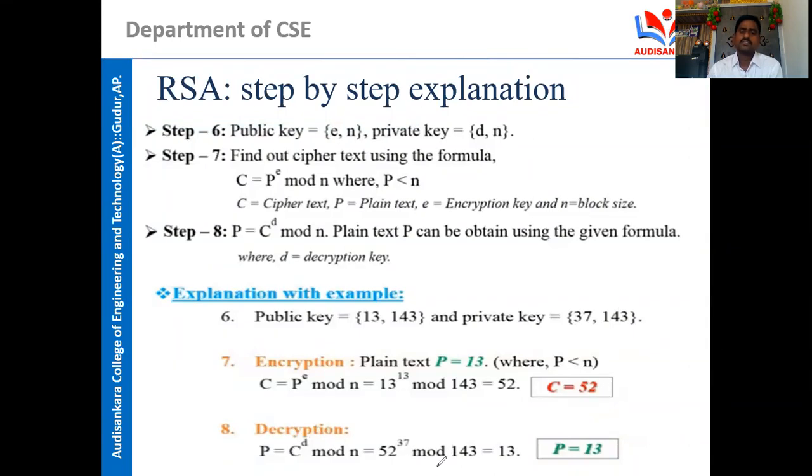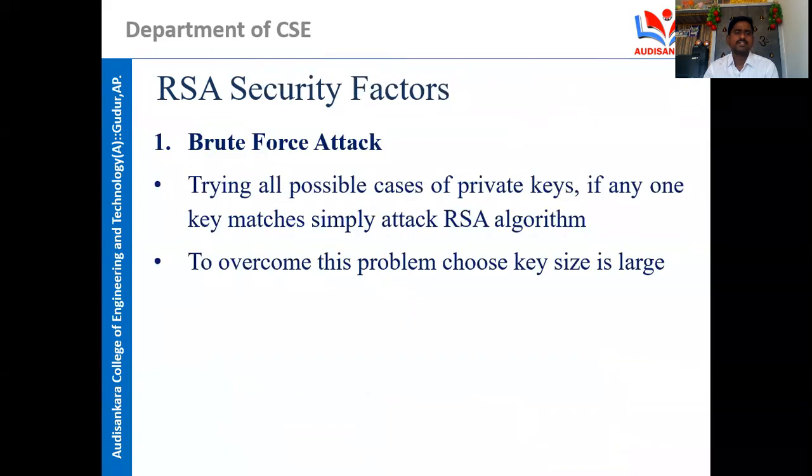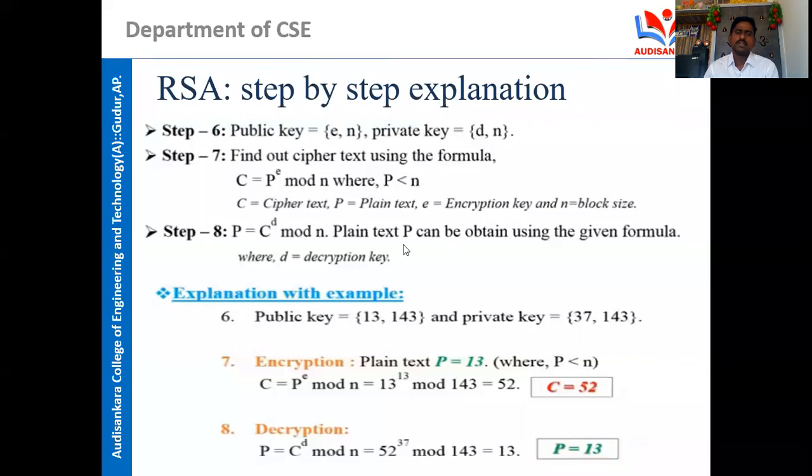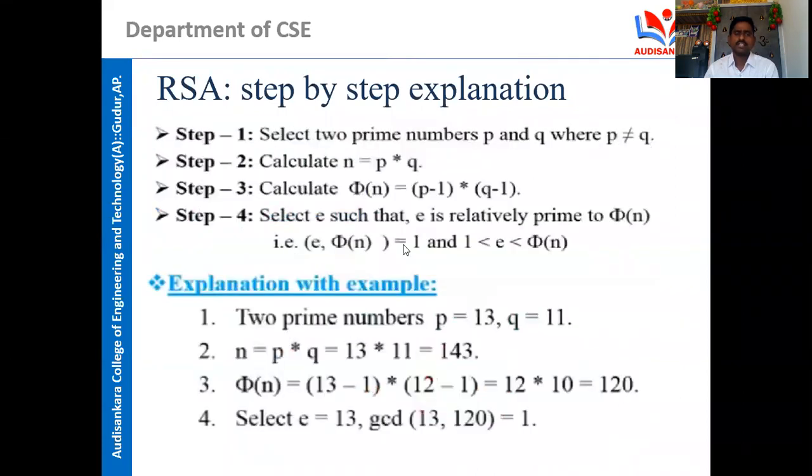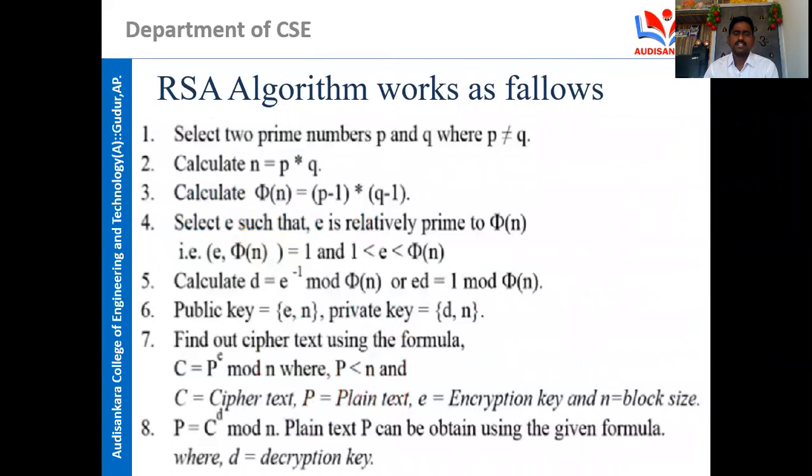So mod 143, you will get 13. That is the plain text. Okay, so these are the 8 steps to follow in the RSA algorithm. We discussed these 8 steps one by one, and we finally saw the working process of the RSA algorithm. Clear?